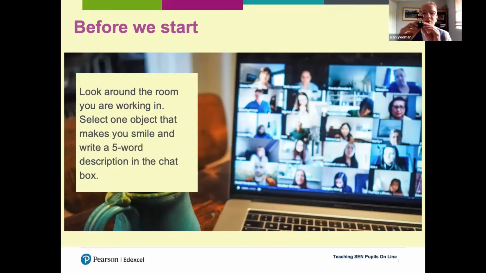Mine. I've got this thing here, and this is a completely pointless child's toy that just does this, and for lots of reasons it makes me smile. Memories, the reason I was given it, the person who bought it for me, the time when they bought it for me. All these things trigger memories, making us smile.